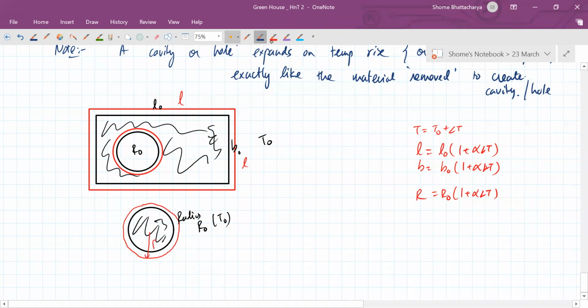This would have expanded to R when I increase the temperature, T equal to T naught plus delta T. So this is what happens.